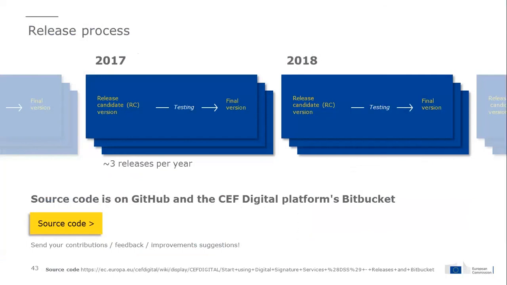Last word maybe on how we release DSS. Suppose you want to use it. This is typically how we do. Every time we decide for a release, we first release what we call a release candidate version. Something like 2 or 3 releases per year. This release candidate is released publicly, so if you want to have an early version, please don't hesitate to use that.